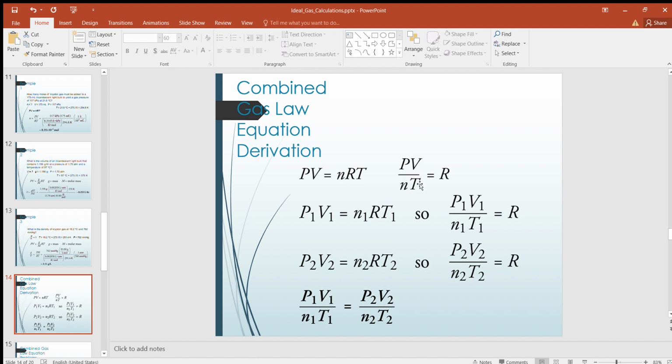Then we would say that P2 V2 is equal to n2 R T2, so it implies that P2 V2 upon n2 T2 is equal to R. Because R is constant, we can write this form here.